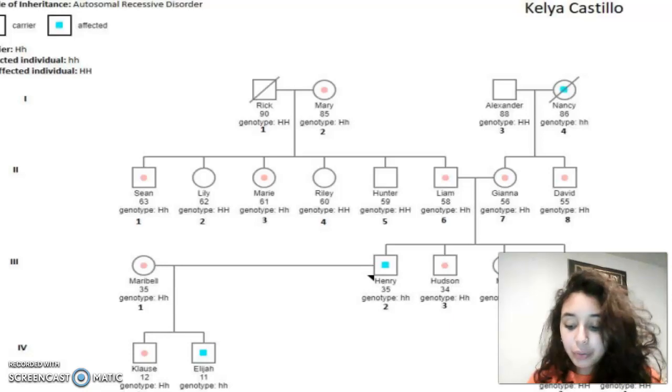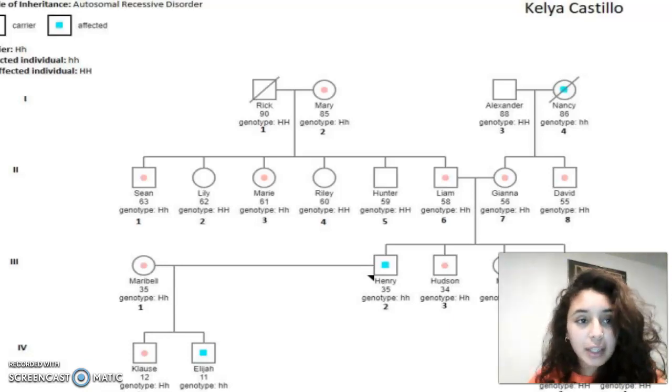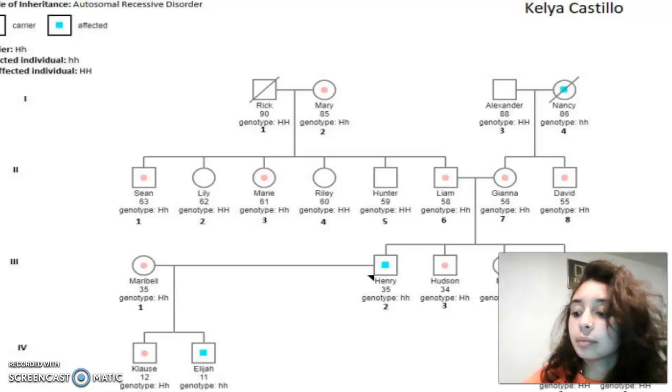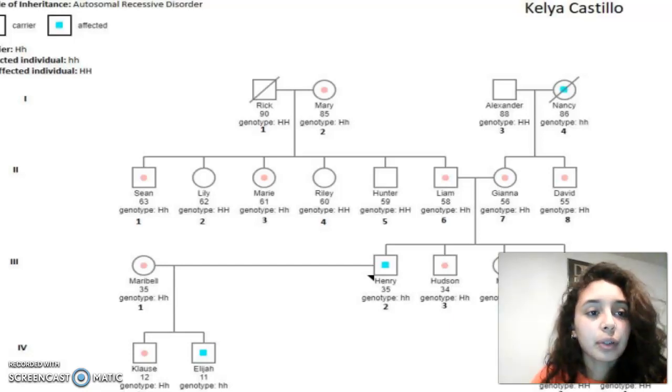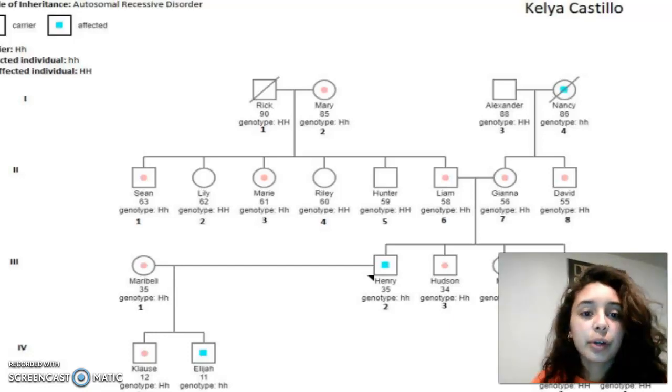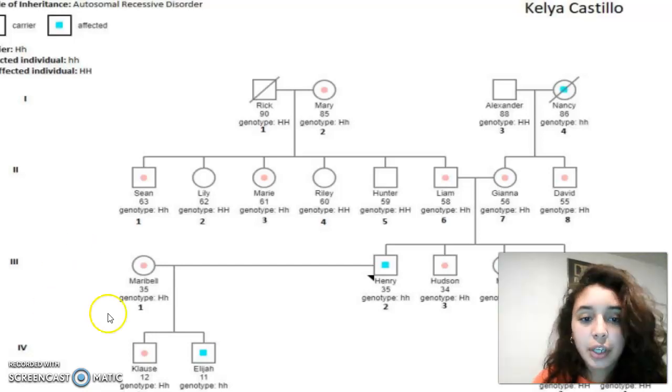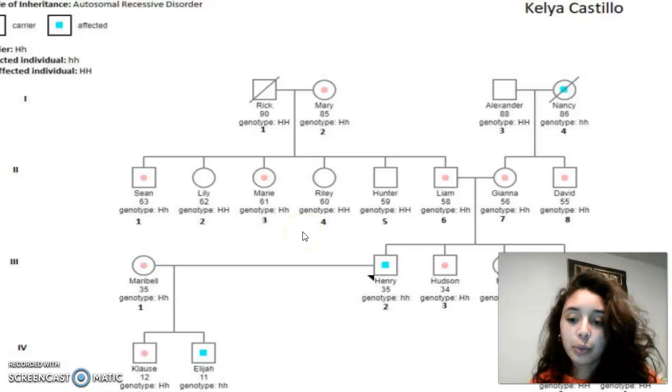So here I have the pedigree that we worked on for one of our projects, to show that inheritance pattern again. In the upper left-hand corner, I have my key. I have my little pink circle as a carrier and the square as afflicted individuals. I have 3 generations here. You can pause my video and look through them.